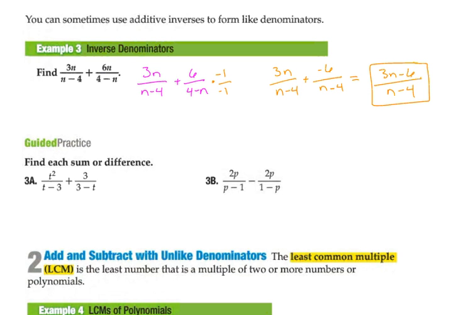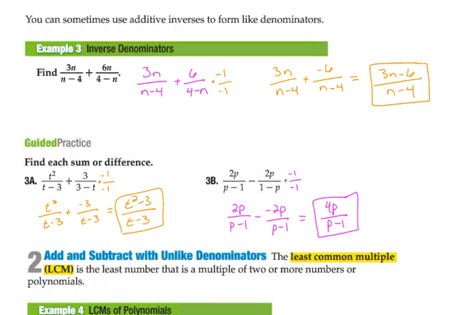All right, try guided practice 3. Okay, realizing again denominator is very close, but throwing a negative 1 through that second term changes that 3 to a negative, t to a positive, 3 to a negative. Again, don't be tempted just to say that this is t. These are not products.